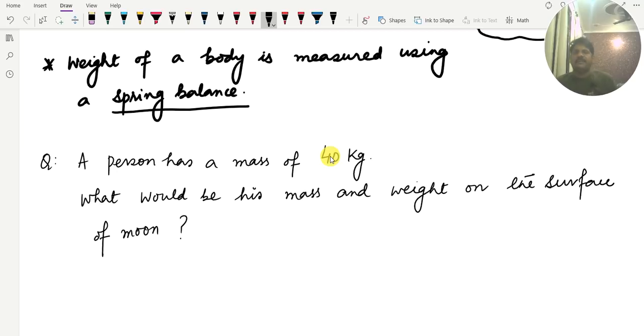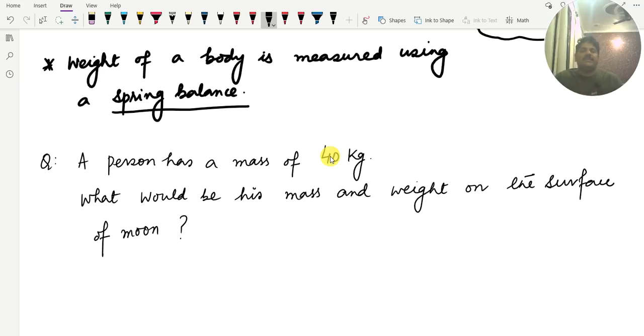If you remember last time when we were talking about acceleration due to gravity, I had told you that acceleration due to gravity on moon is nearly 1/6 of the value on earth. So if we take the acceleration due to gravity on earth to be 10 meter per second square, then on the surface of moon it would be 10 upon 6 meter per second square.